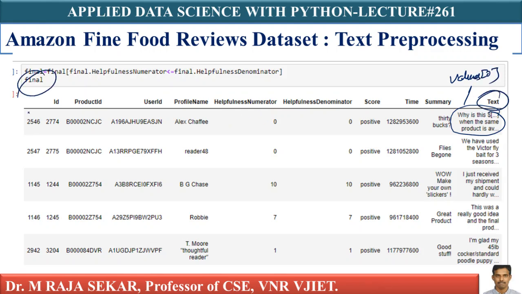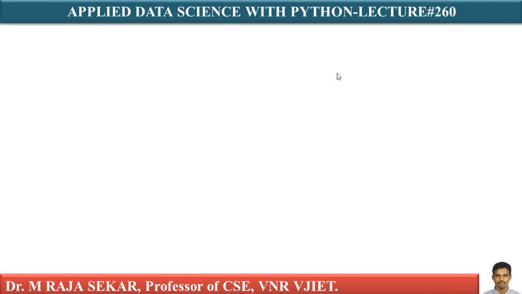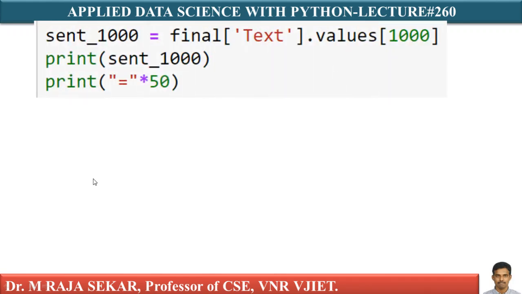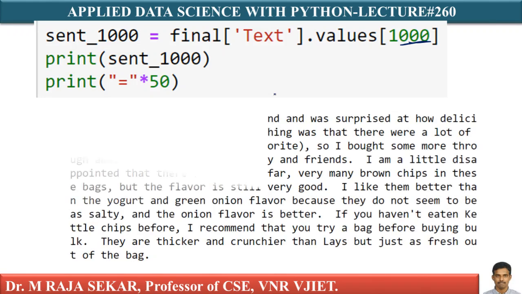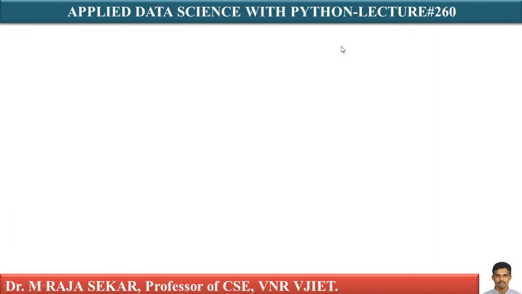This is my table. Randomly I am picking some reviews. I am choosing the review at the 0th row and displaying it. In a similar manner, I am choosing another review at index 1000 and displaying that review also.